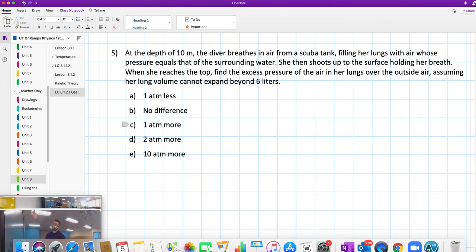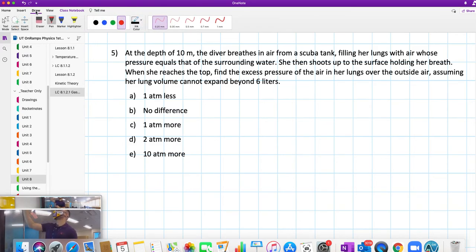I mean, you can do the PV equals NkT, or we can remember that the difference in pressure is pressure final minus pressure initial. Now, what's changing is the conditions, meaning now we're starting at, well, not the bottom, but 10 meters under sea level, meaning we start with the greater pressure.